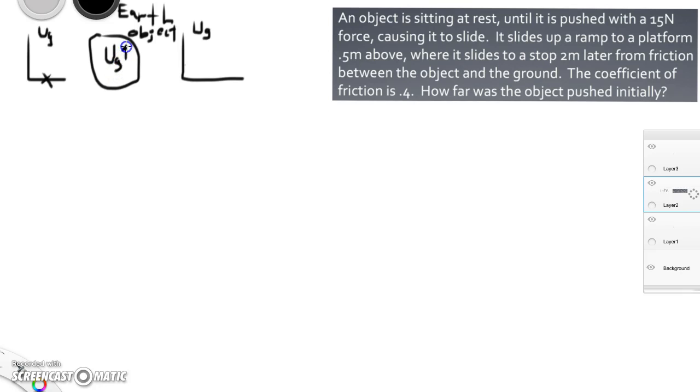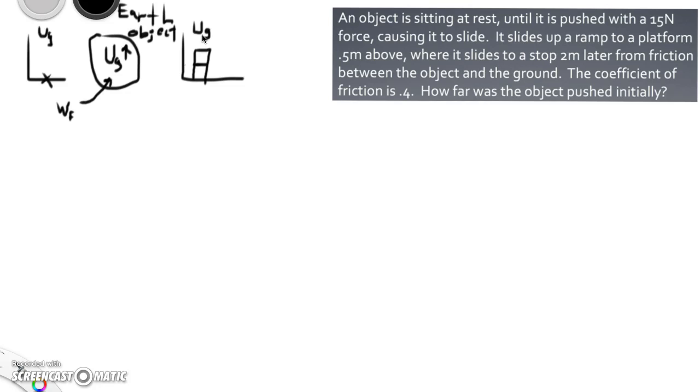Well, that energy has to come from somewhere, and in this case it's going to come from work done by an applied force. So this is work from the force. That energy from that applied force is going to go into the object, and at the end it's going to have potential energy because of it. These 2 bars that I gave it here are for potential energy.